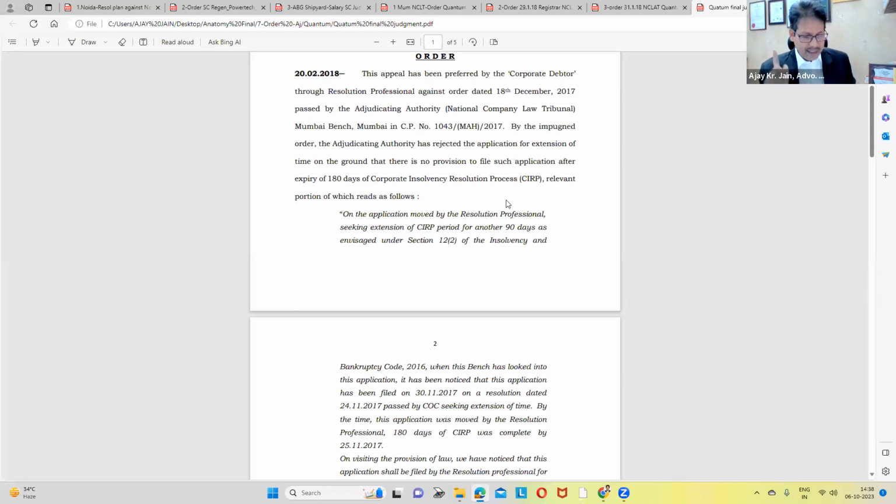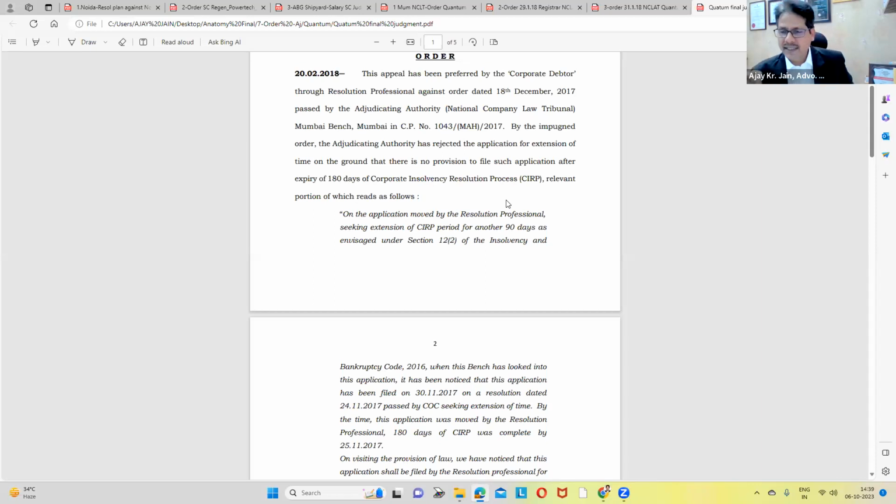Subsection 2 says the resolution professional shall file an application to the adjudicating authority to extend the period of CIRP beyond 180 days if instructed to do so by the resolution passed at the meeting of the COC by a vote of 66% of the voting share.